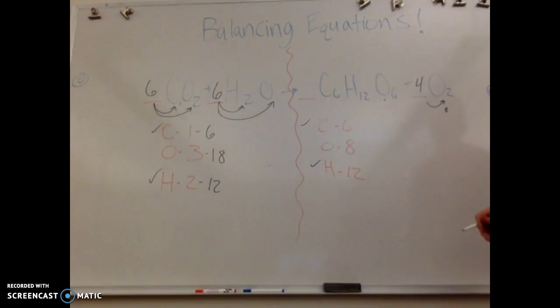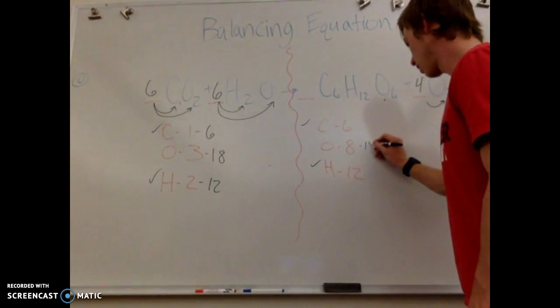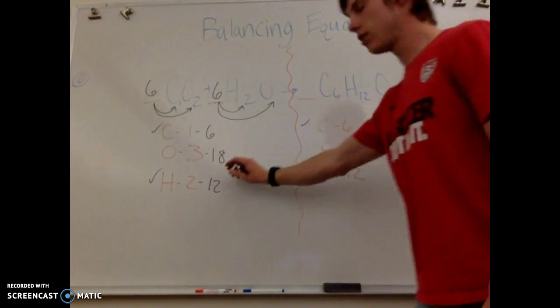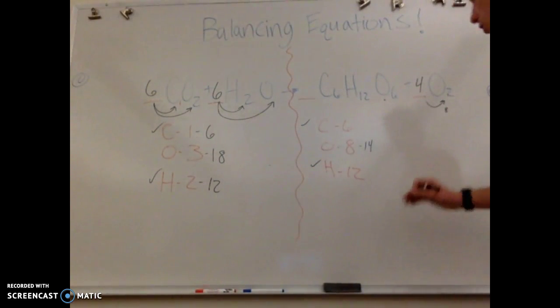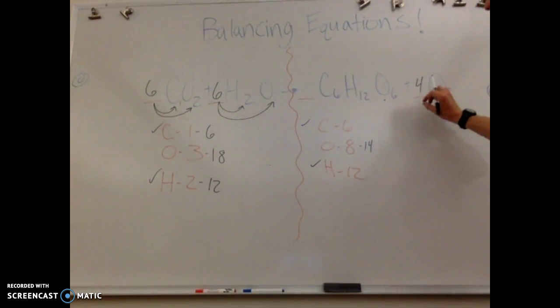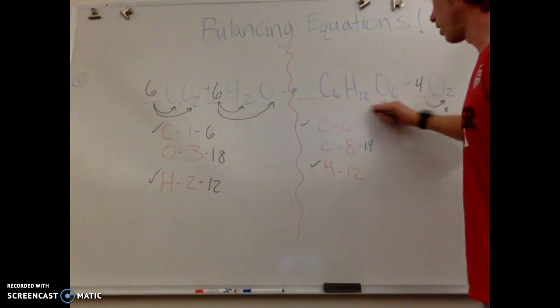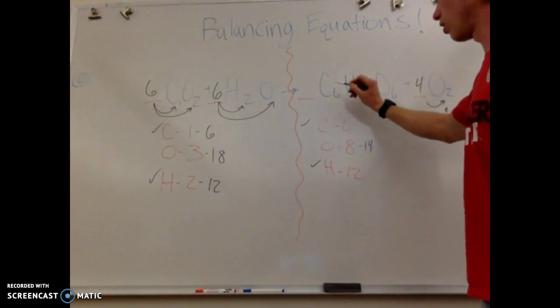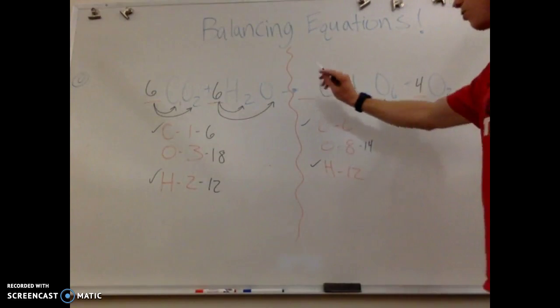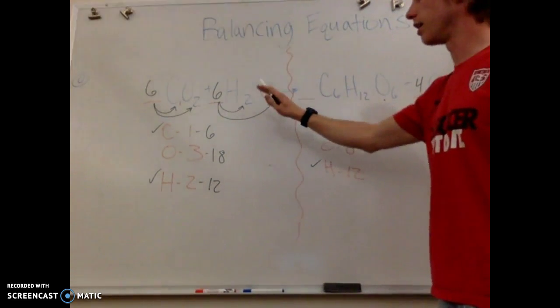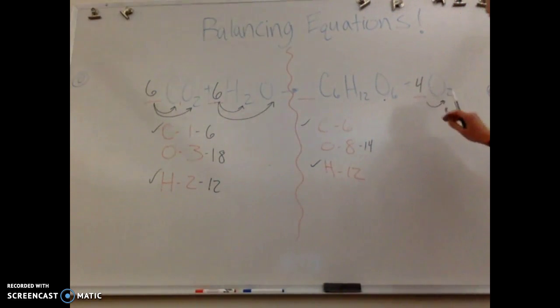So we have 14 oxygens. And as you can see, we need 18, so we need to try a different number here. It's easiest to manipulate this one because the oxygen is alone, whereas here we would have to times all the carbon and the hydrogens by the same number, and we don't want to do that because then that would mess up all what we've already done.